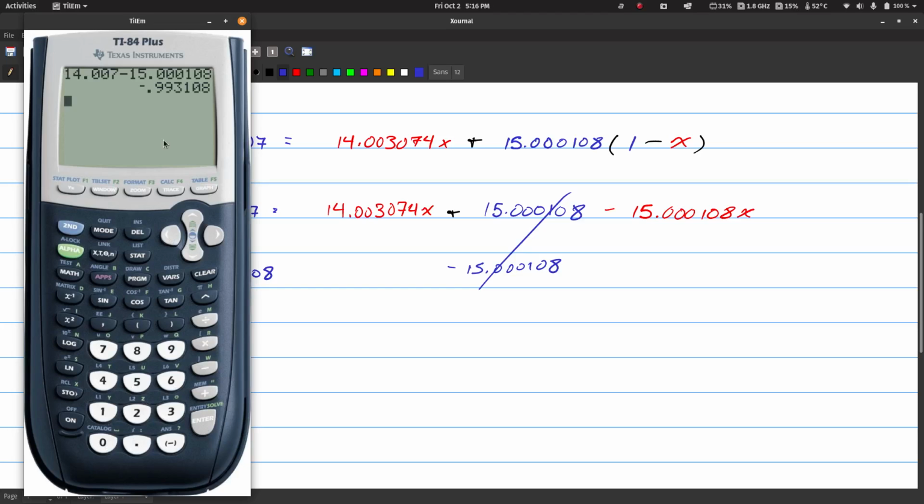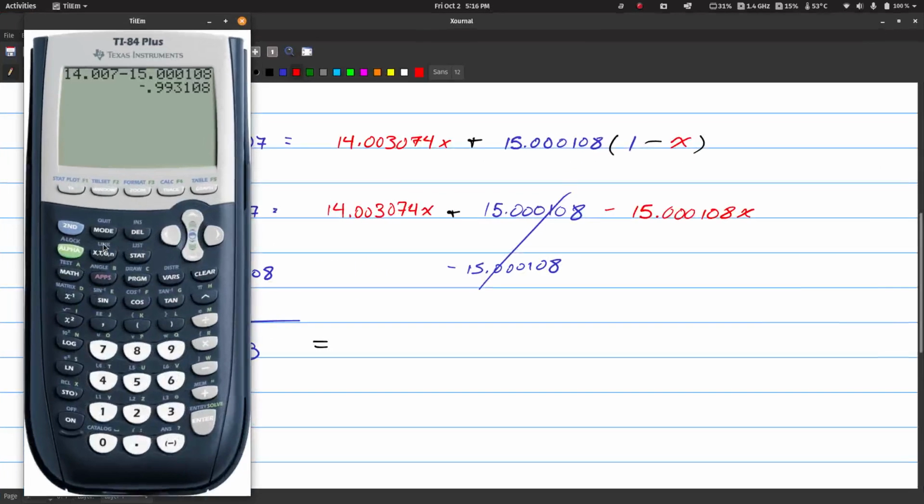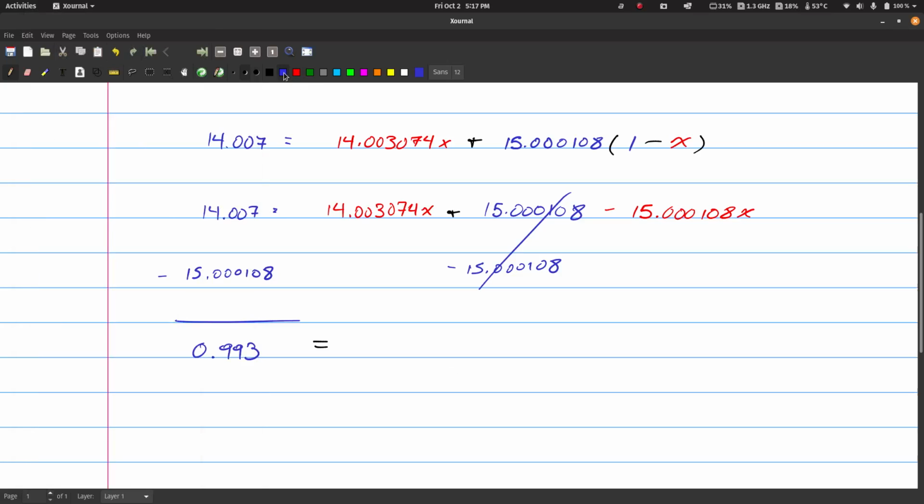So we're going to get essentially negative 0.993. Usually if you're rounding to about the thousandth place, you're good. So that is equal to whatever this is, about negative 0.997.